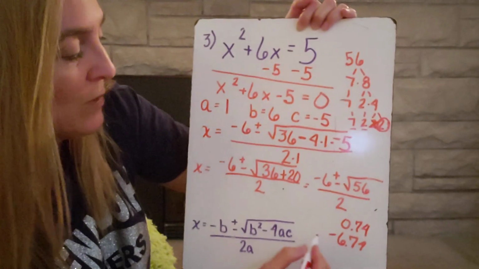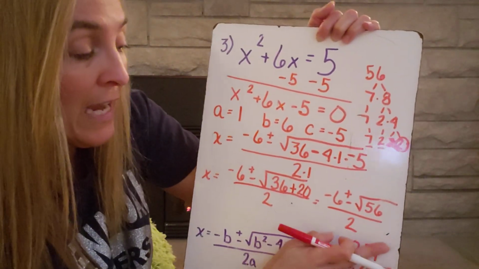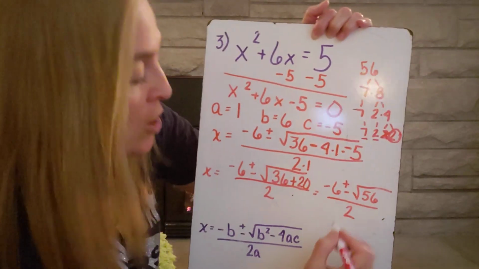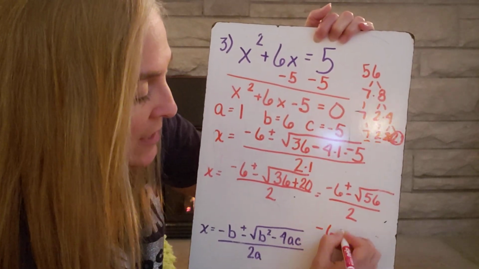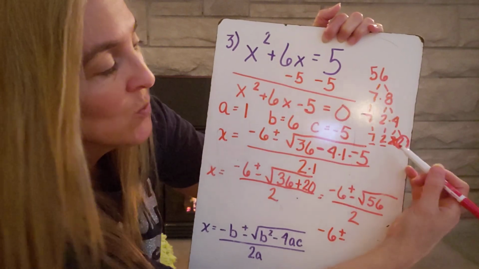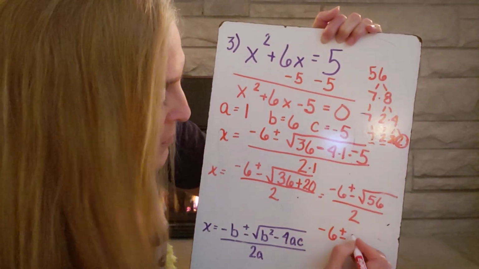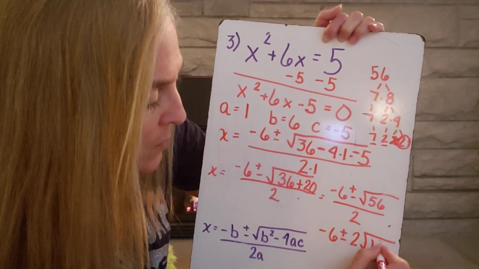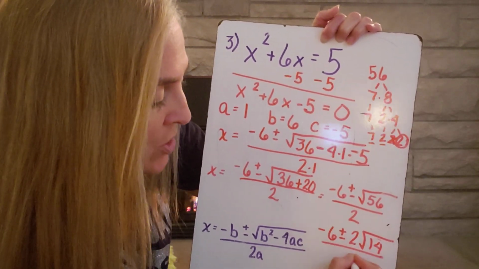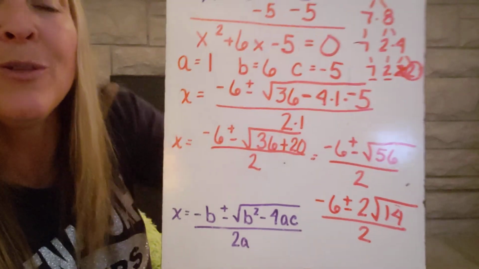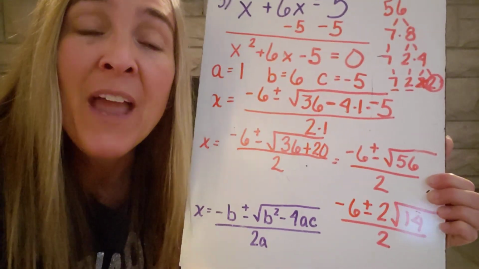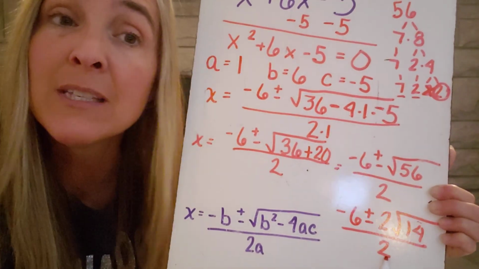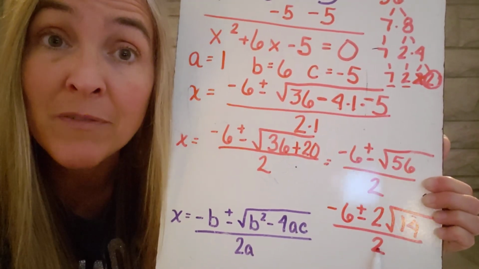7 times 2 is 14. So if you were not doing a decimal approximation, this would stay negative 6 plus and minus. Remember, our 2 escaped, our 14 did not escape, and we would divide that by 2. And I wanted to show you this because at this point, this 6, this outside 2, and this denominator of 2 will all simplify.